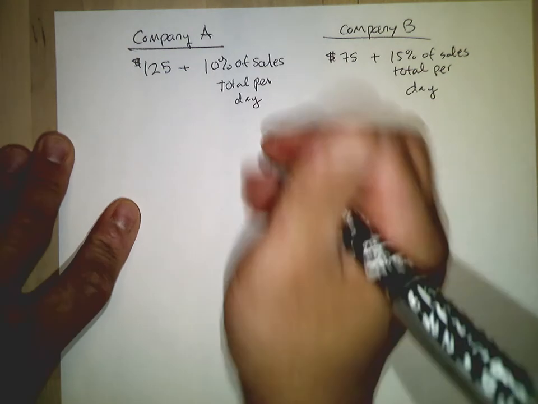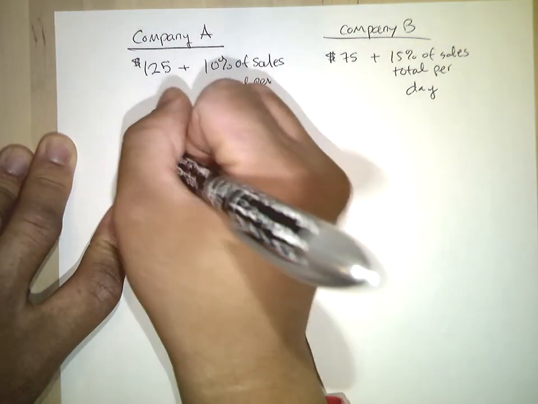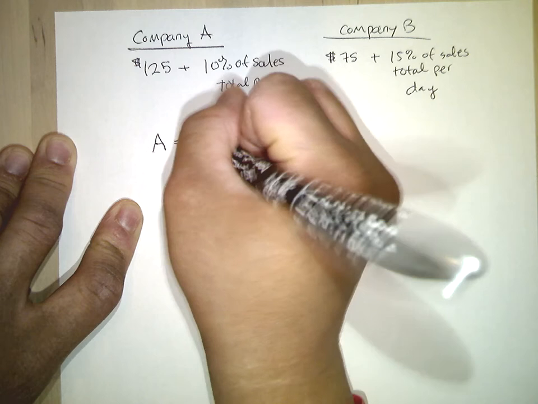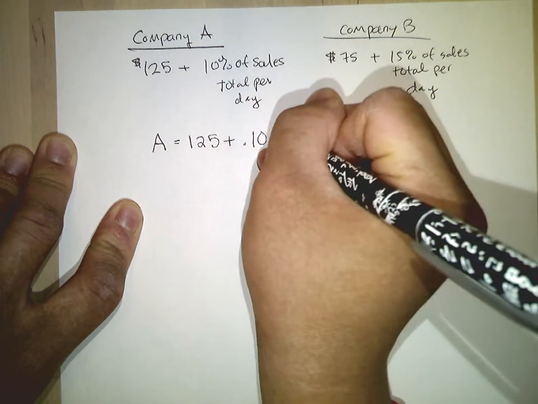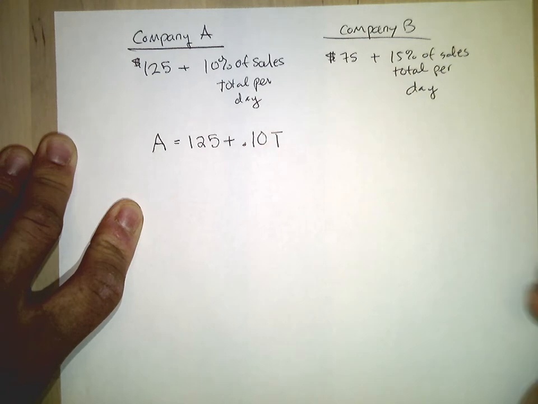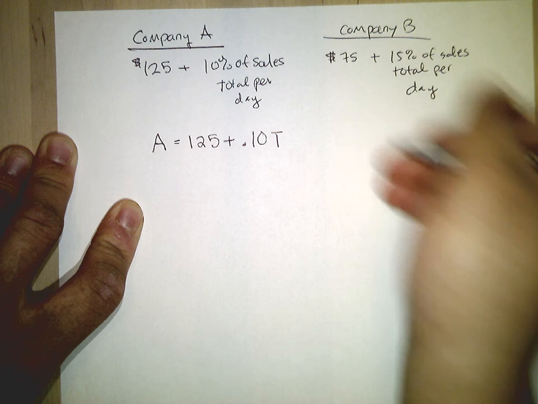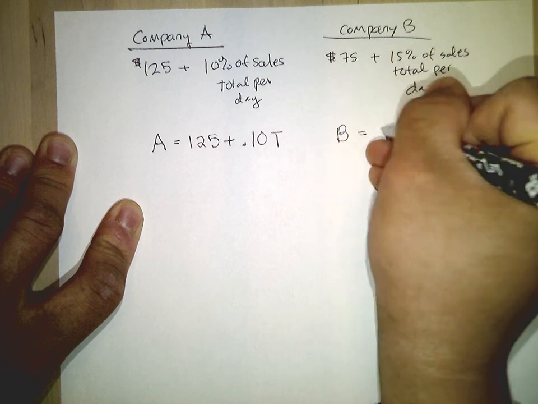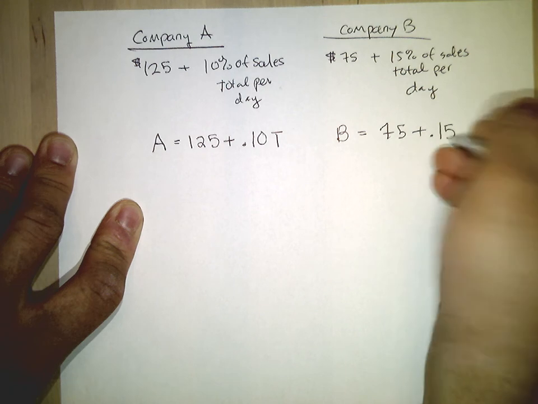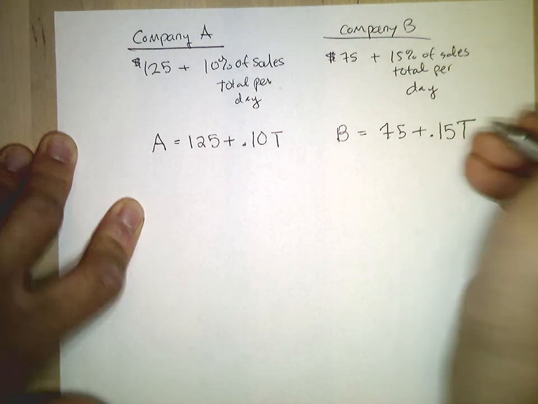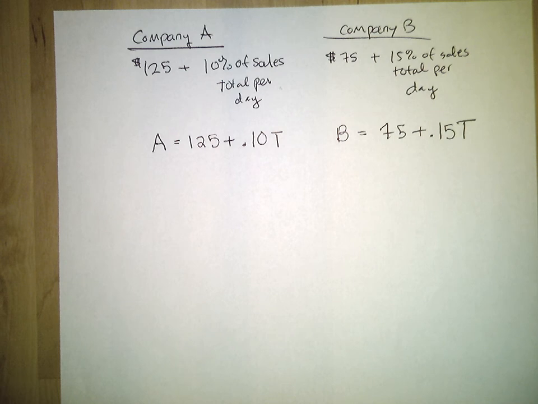All right, so Company A is 125 plus 0.10 times the total sales for the day. So I'm going to abbreviate here. Company B is offering $75 plus 0.15, 15% of the total sales for the day.